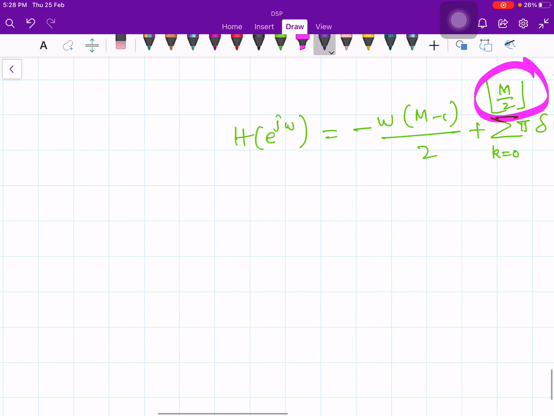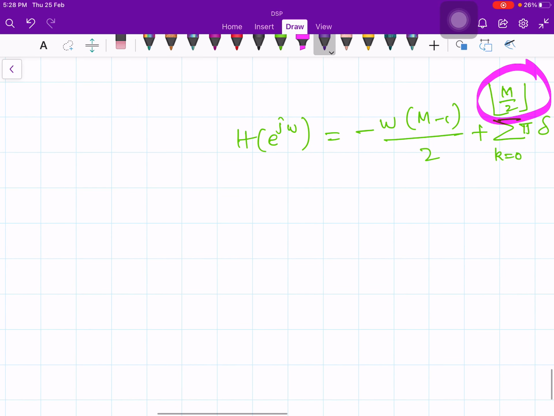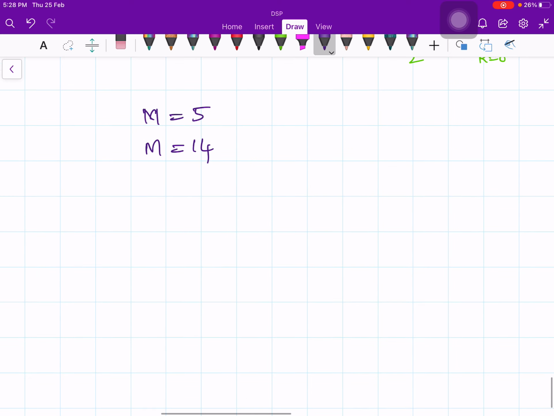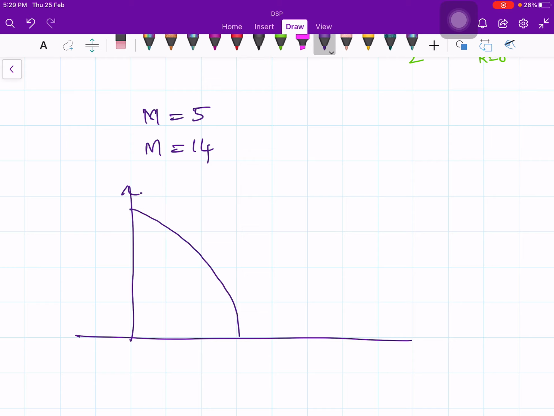Okay, now let us plot the magnitude as well as phase for two values of capital M. Let us say capital M is equal to 5, and let us take another case, capital M is equal to 14. So if you plot the magnitude, then the first zero crossing occurs at 0.4. This is a normalized scale.